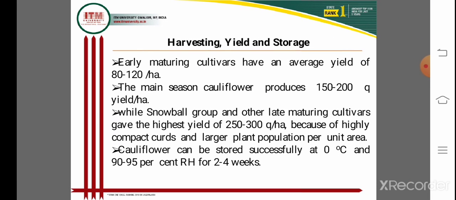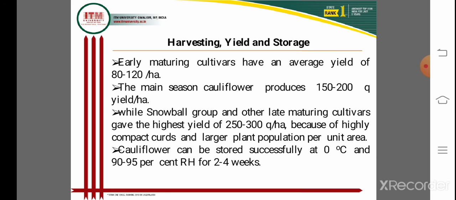Now, harvesting and yield of cauliflower is very important for good cultivation. The early maturing cultivars should give an average yield of 80 to 120 quintals per hectare.